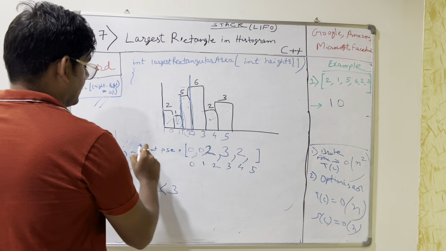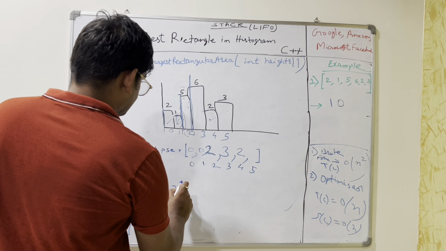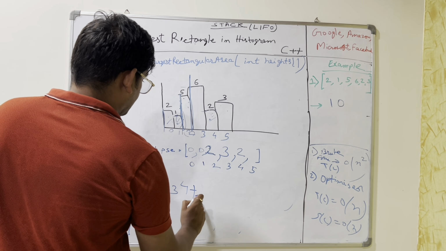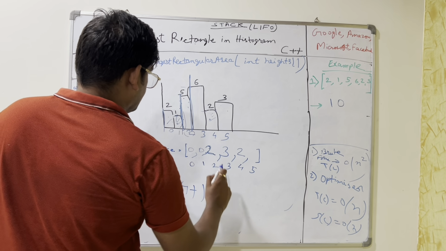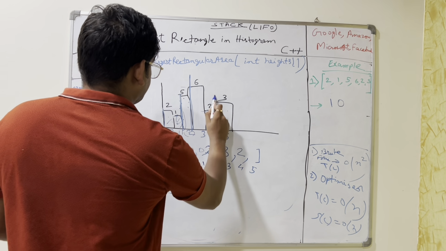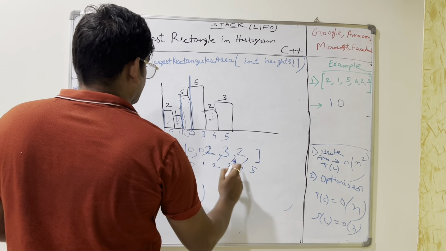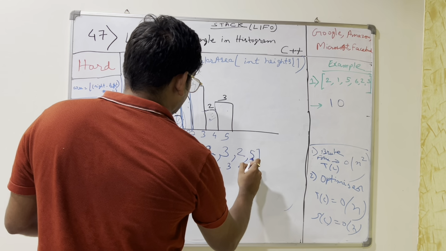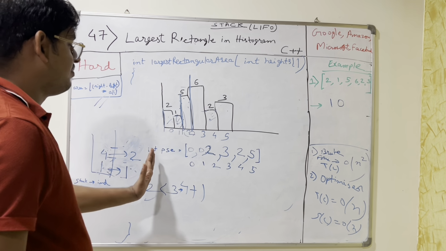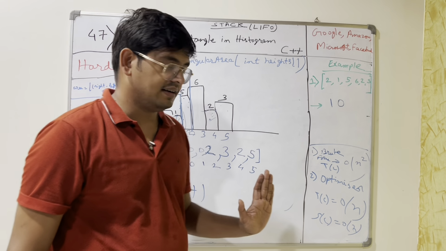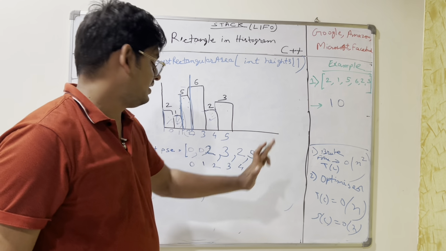Its index, fourth index, right? So fourth index plus 1, because we need to find this boundary. It's smaller, it can't go over here. So 4 plus 1, 5. So these would be the previous smaller element indexes for each of the bars.